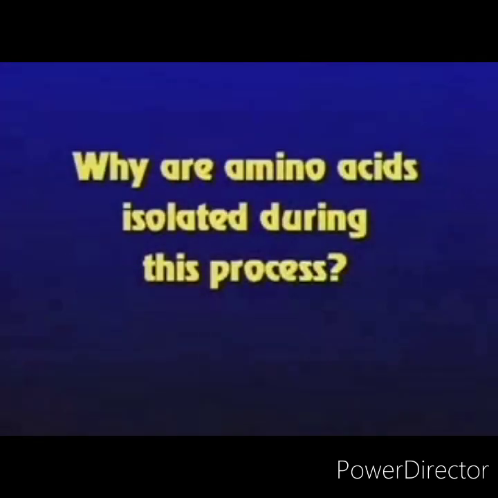Why are amino acids isolated during this process? We want to separate the chemicals from each other in different stages of simulation experiments so that we can get a realistic handle on how the developmental process of chemical evolution occurs. If you don't do this, you have all the different chemicals mixed together and they will mutually interact and react with each other.